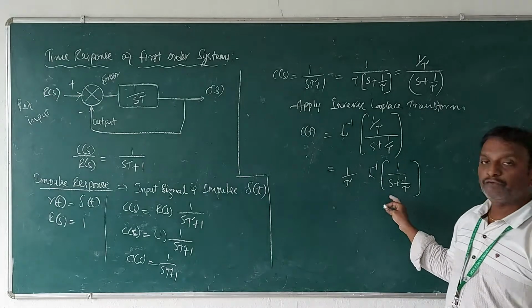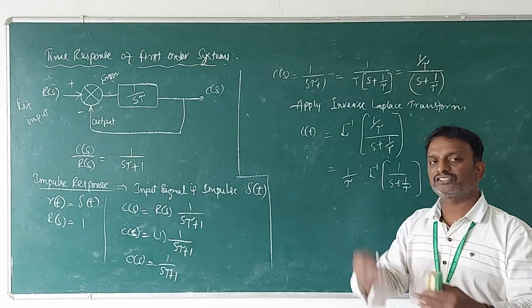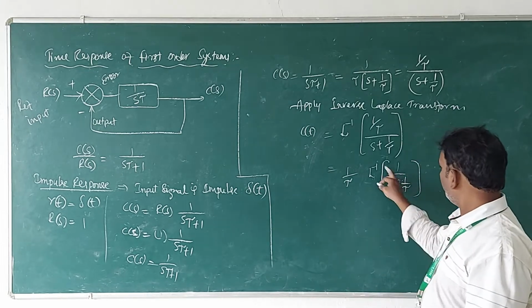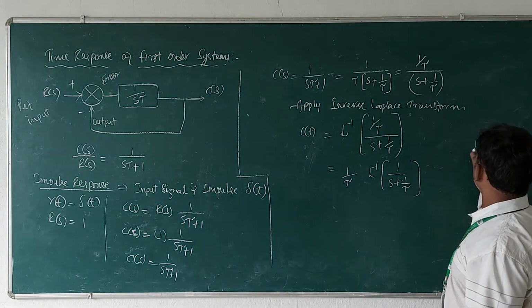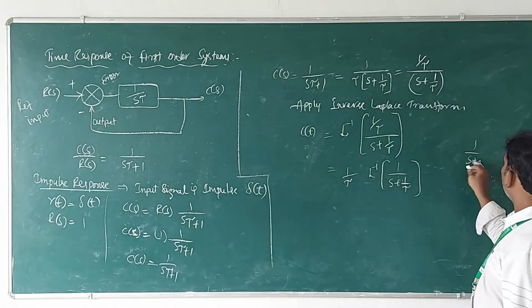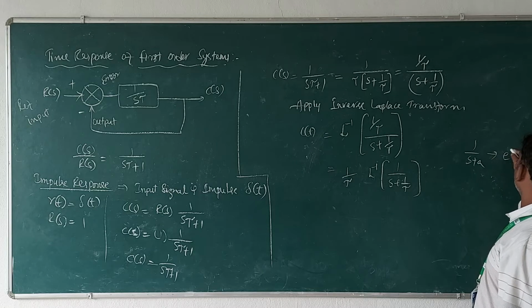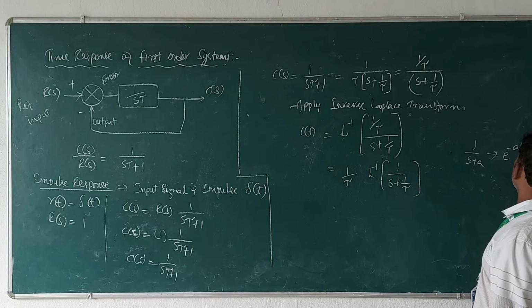I already gave the inverse Laplace transform list of formulas also. If you observe here, it is in the form of 1 by s plus a. Is it right or not? So if I apply the inverse Laplace transform, the output I get is e power minus at u of t.